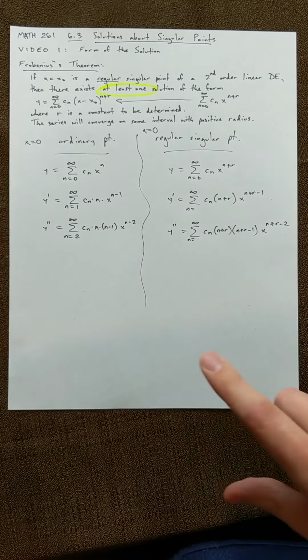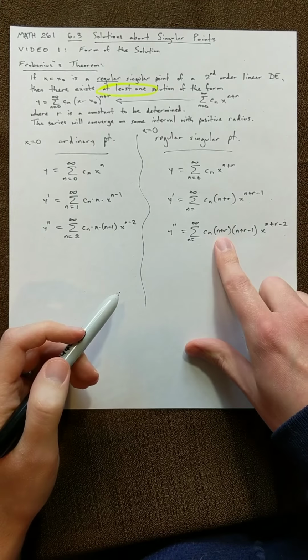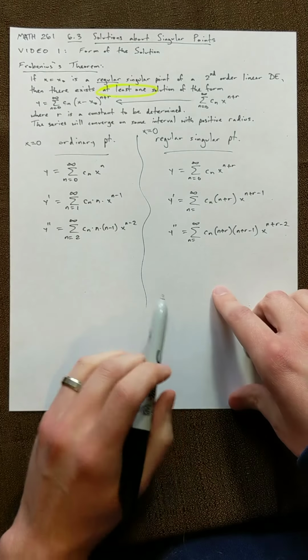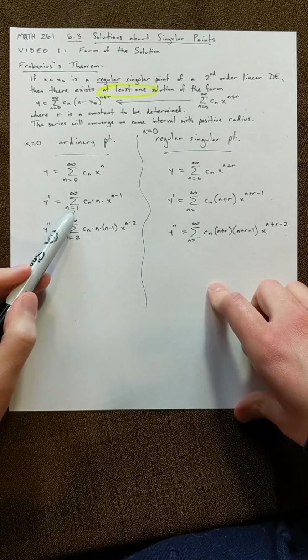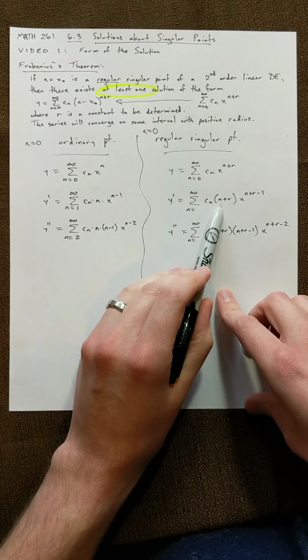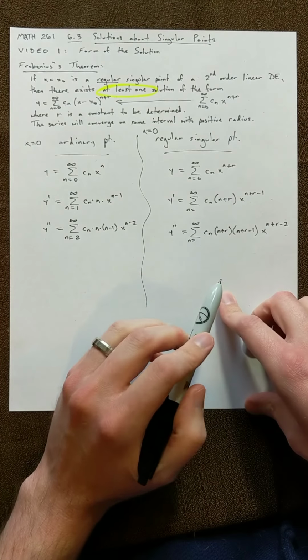The thing that's going to be different, though, other than having an r in the exponent and having a slightly more annoying expression here than just having n's and n minus 1s, is that the reason we were able to change our starting point is that the first term, the n equals 0 term, was just going to give us a 0. We don't yet know what r is, so there's no way to know whether the first term is going to be a 0 or not.